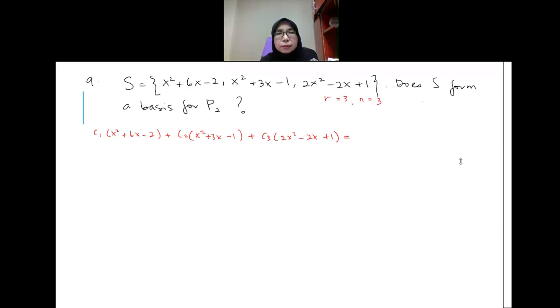For linear independence, this equals 0x squared plus 0x plus 0.